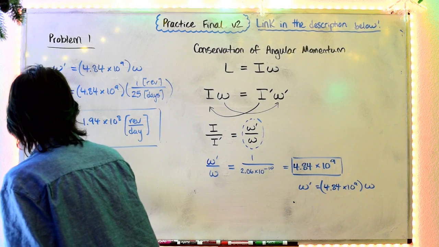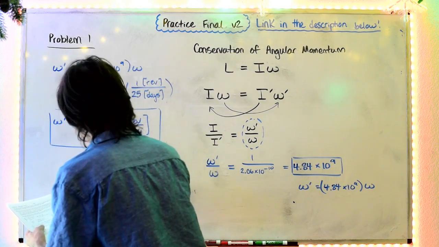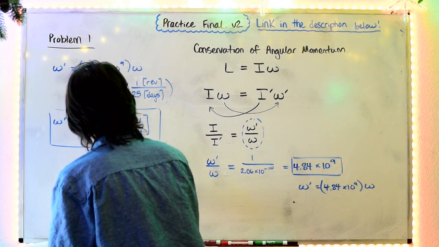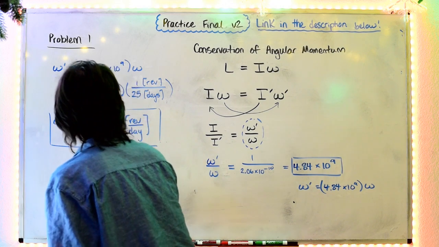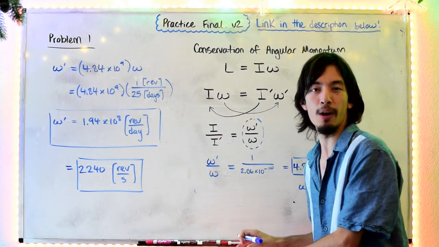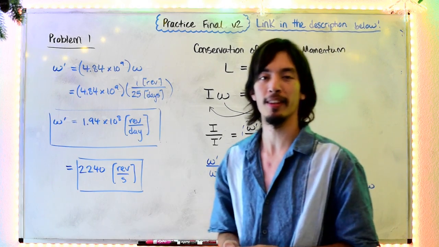When you convert that, it's equal to 2,240 revolutions per second. So this star spins at over 2,000 revolutions per second. It's amazing.